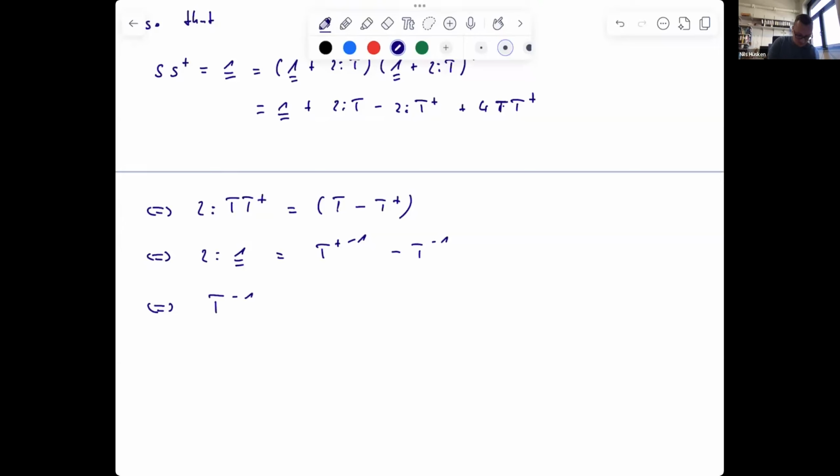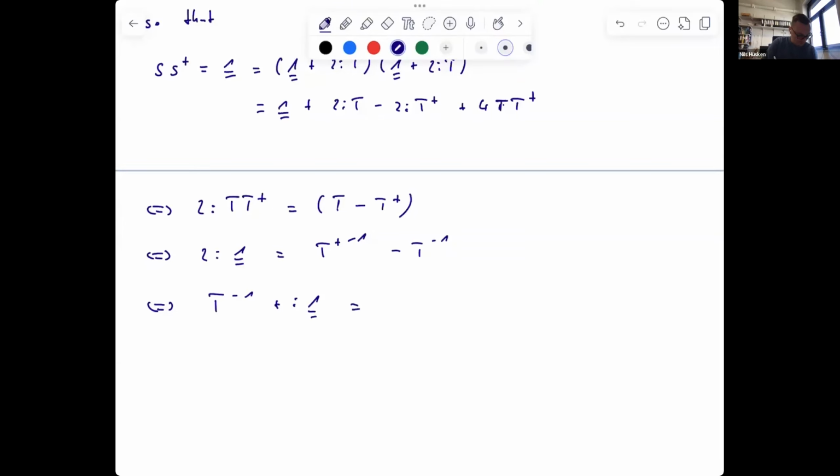So this will give us the inverse of T plus i times 1 equal to the inverse of T plus i times 1 and the dagger of this whole expression.